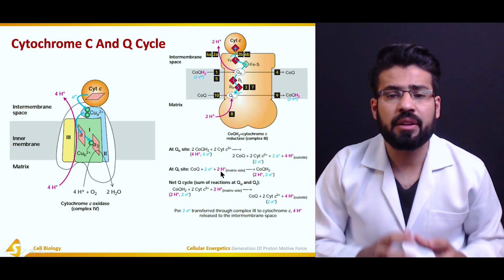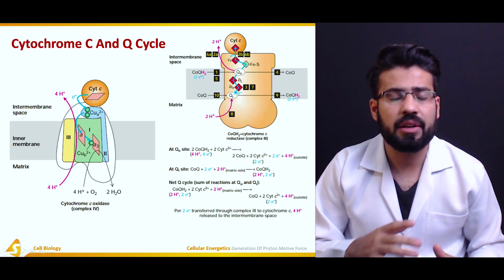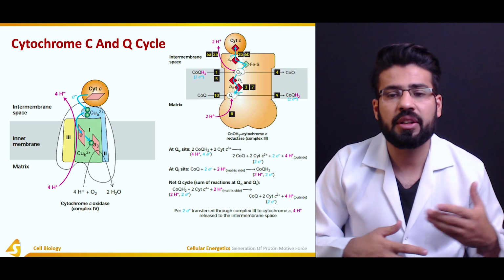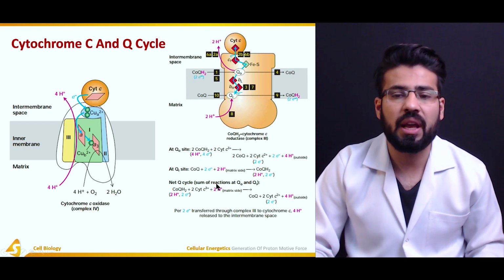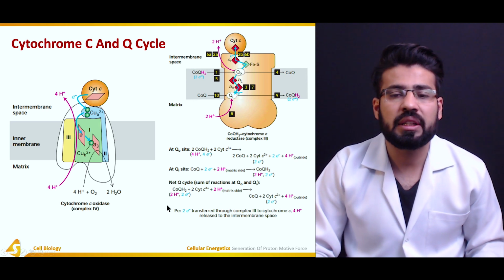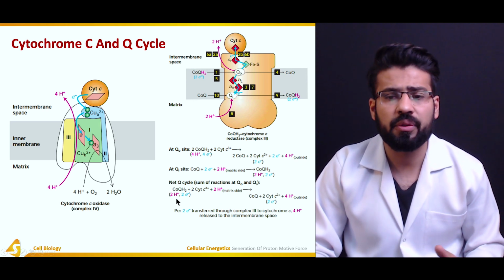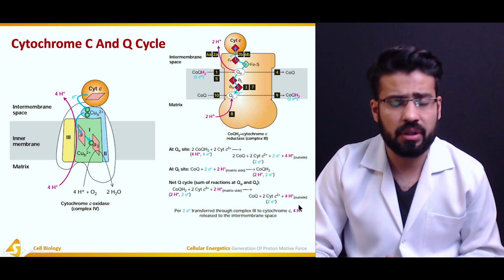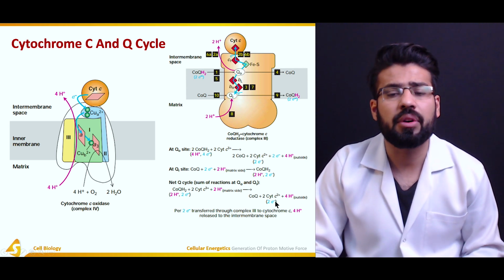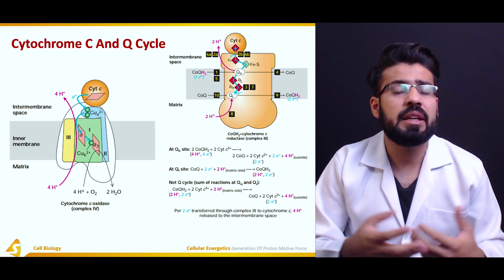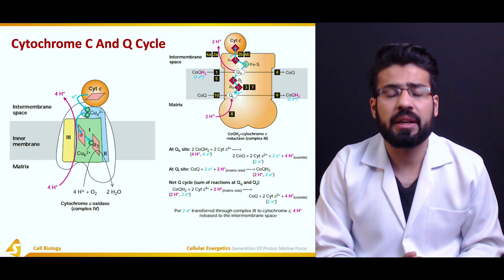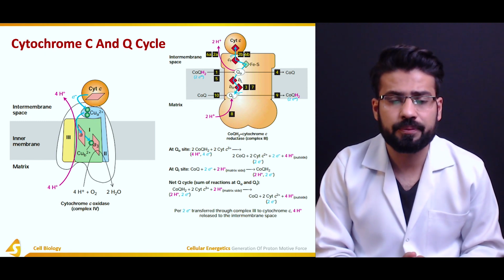So the net Q cycle reaction is what is going on in this particular portion here. The 2 protons along with 2 electrons are given in, and 4 protons are moved out along with the 2 electrons as well, which would ultimately be converted into a molecule of water.